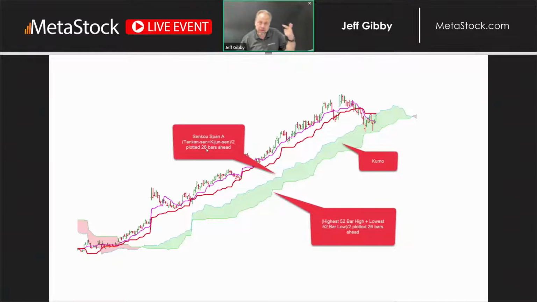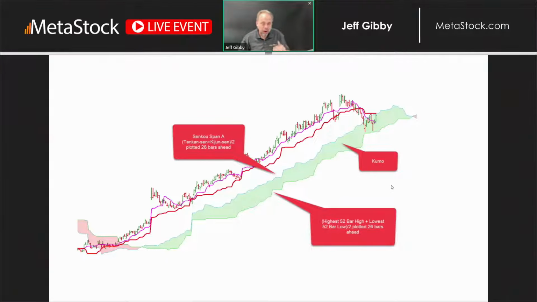It's the Tenkan-sen plus the Kijun-sen, divided by 2 and shifted horizontally 26 bars. Okay. For the Senkou Span B, that's this bottom area here. It can be above or below. If it's above, the cloud is going to be red. If it's below, the cloud is going to be green.